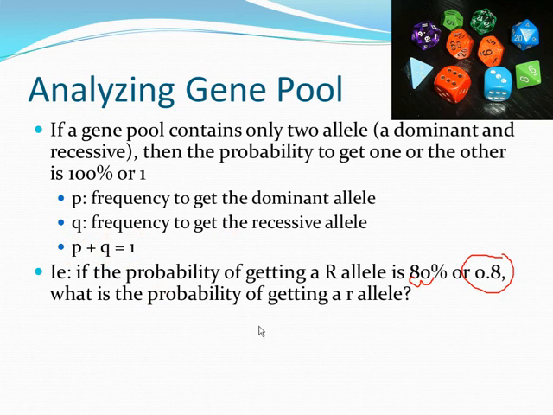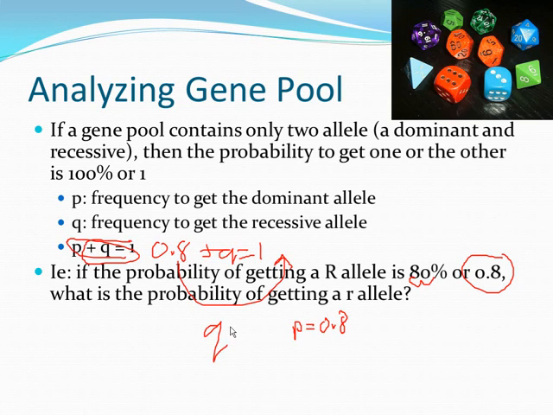How did you get that? 1 minus 0.8. Okay, so p equals 0.8, and in the equation p plus q equals 1, you carry over the 0.8, so q equals 1 minus 0.8, which equals 0.2. So what percentage is that? 20%. Very good.